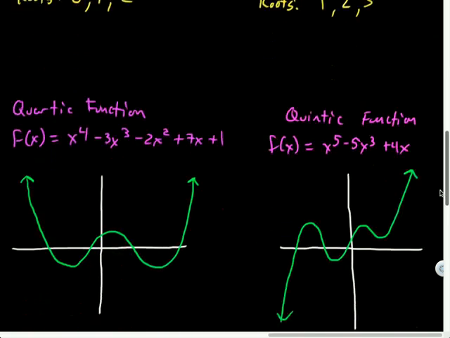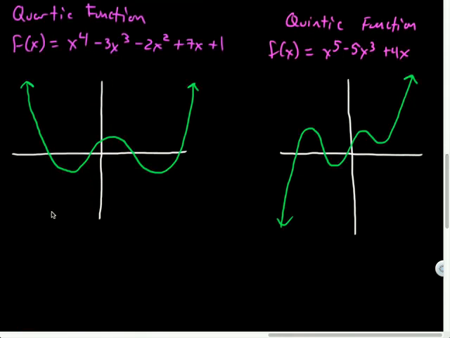All right, how about for a quartic function for roots? 4 is the max, do we agree? 1, 2, 3, 4. Now, it doesn't have to be symmetric like this. It's possible to have something crazy that's 3.